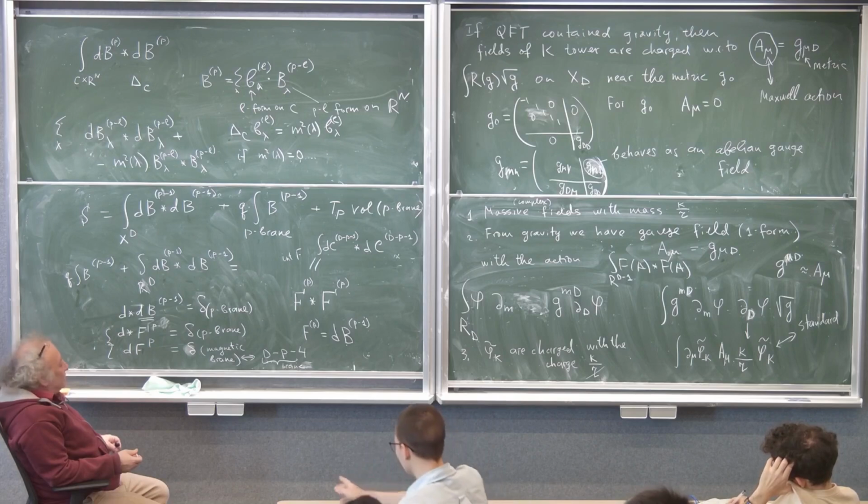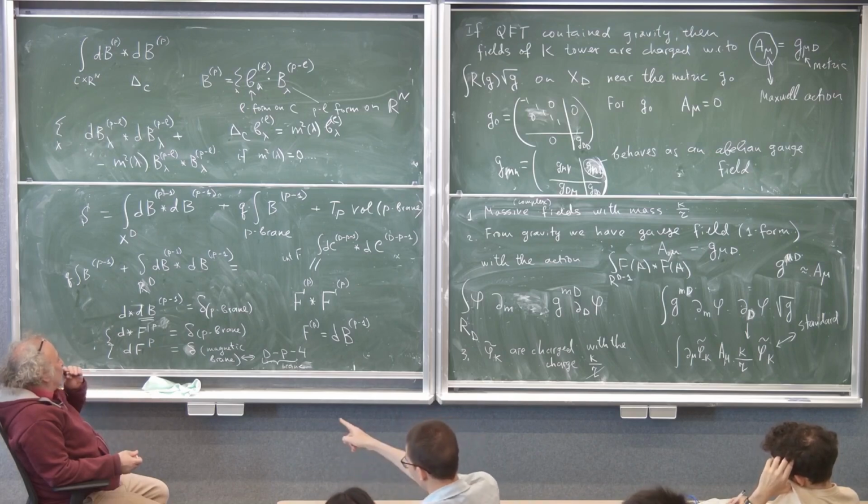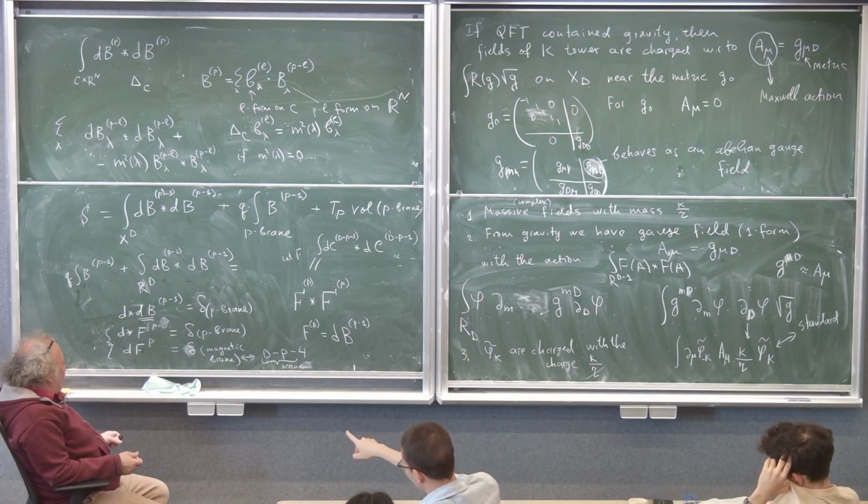But just to be clear, the way to count it: in the first line, the electric line, F_P, then star is a D minus P form, then d of it is a D minus P plus 1 form, so it's D minus P minus 1.